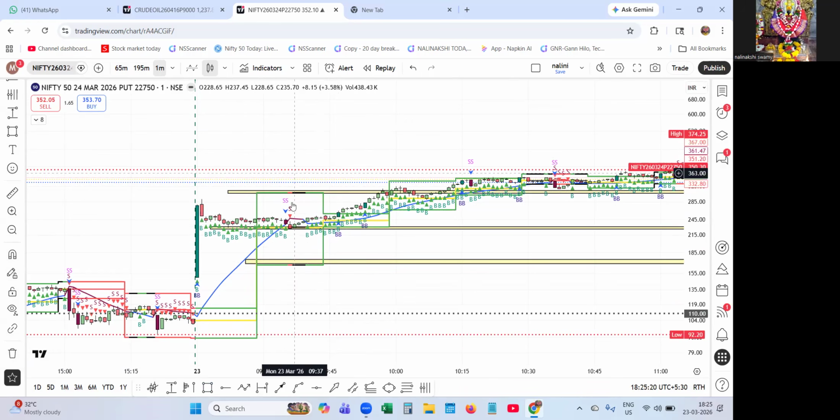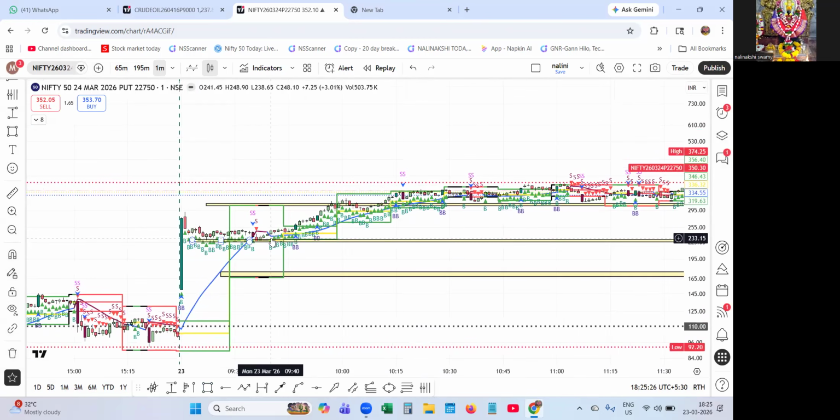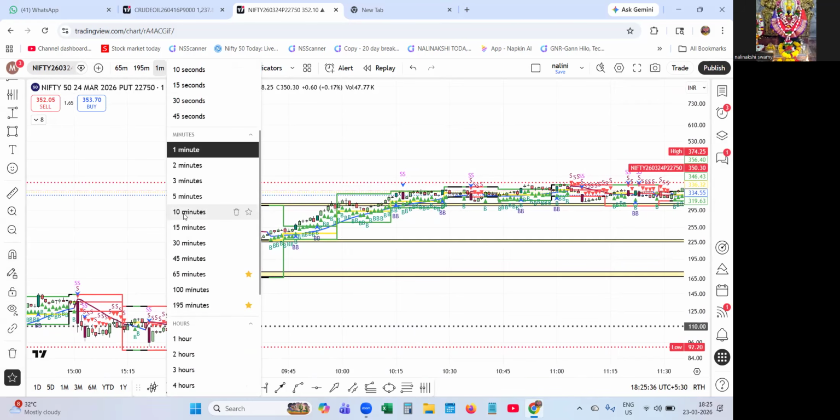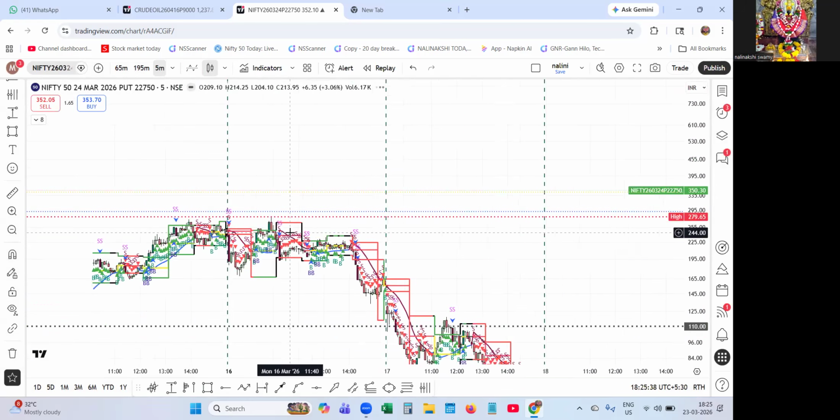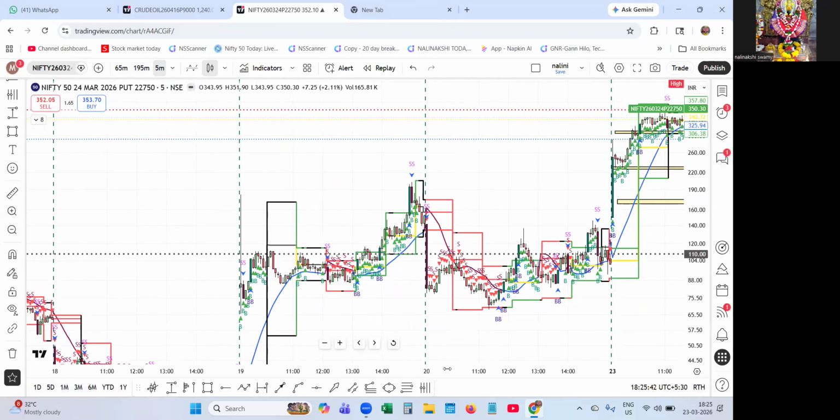In 1 minute itself, we are getting the first box in the first 15 minutes. So it is easy. You need not wait for the full 1 hour to form the box. When I change the time frame to 5 minutes, it will be a beautiful reference for you to take the trade. Right?